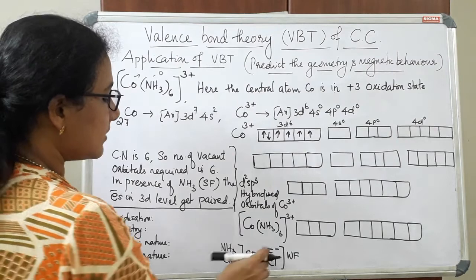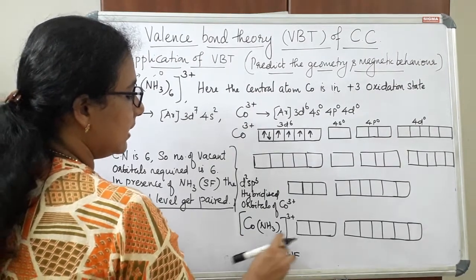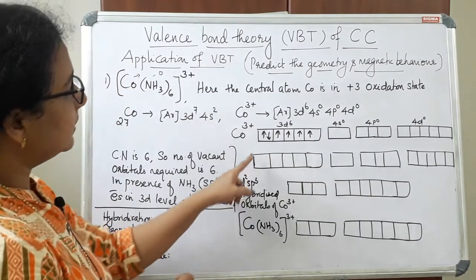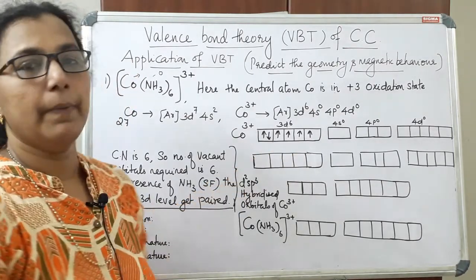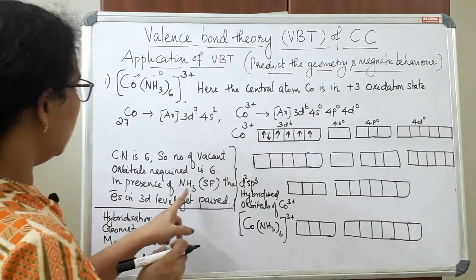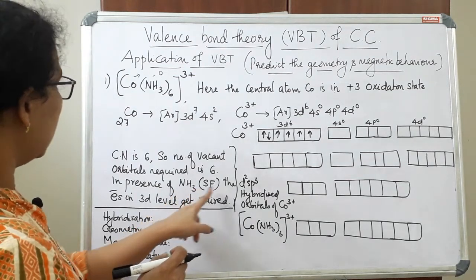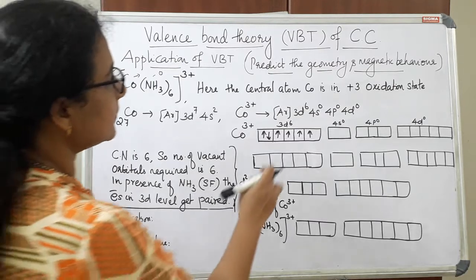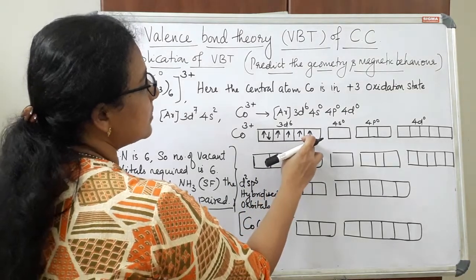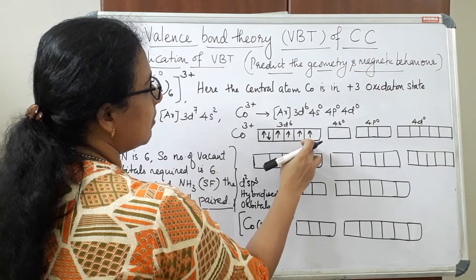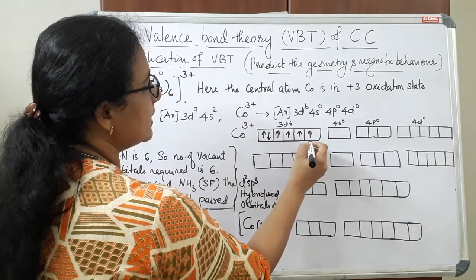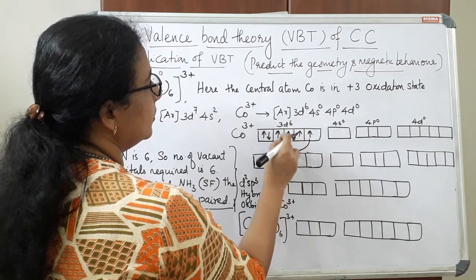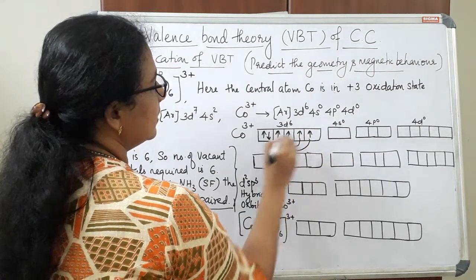A strong field ligand will help the electrons to pair up in the 3d level. So in the presence of NH3, these electrons will get paired. This electron will be shifted towards here and this will be shifted towards here.